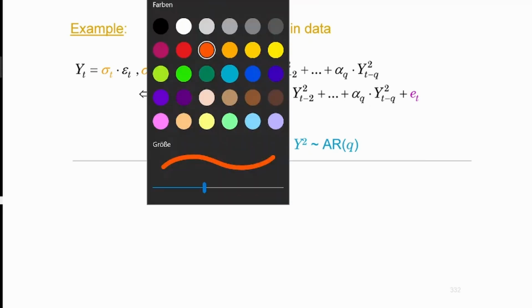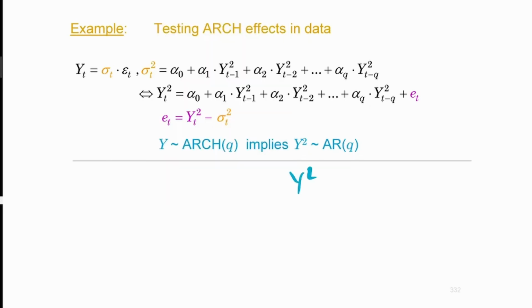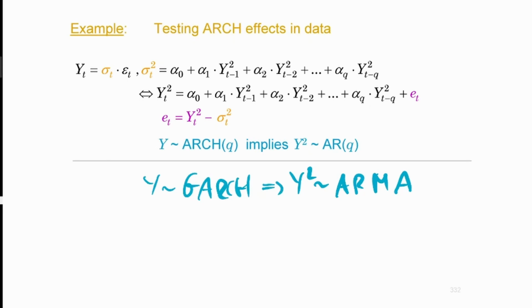This can also be extended to, let's say, the ARMA type. So if the squares of returns exhibit some sort of ARMA type model, then the original process would be the so-called generalized version. We're going to talk about that next week. So this is basically the relationship.